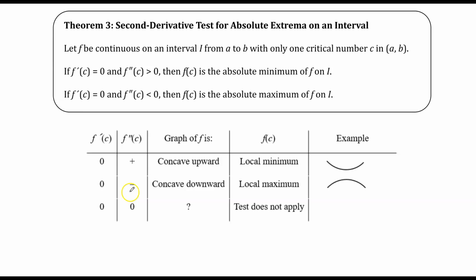Now, if the value of the second derivative at x equals c, where c is a 0 of the first derivative, is negative, the graph is concave downward. That means at the critical number c, f of c is a local maximum. And lastly, if f double prime at c is 0, then the test does not apply.